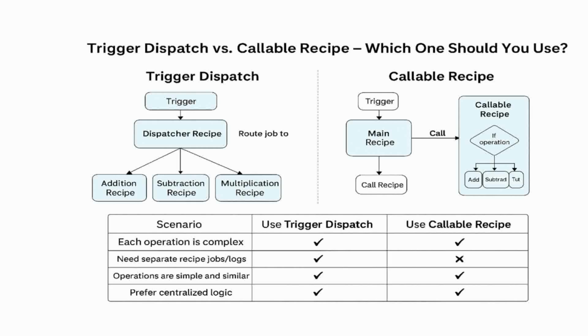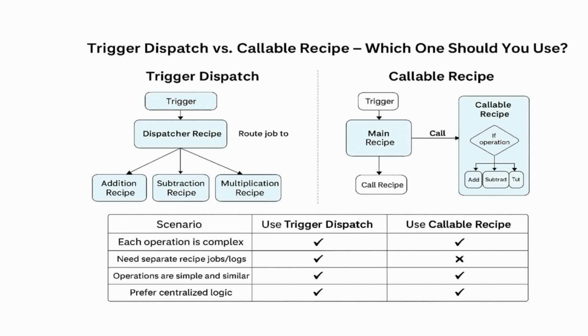Trigger dispatch is where you have a trigger, for example from an application, an API or a webhook. You have a separate recipe for each set of function, like a subtask. Let's take the example of mathematical operations: addition, subtraction and multiplication.